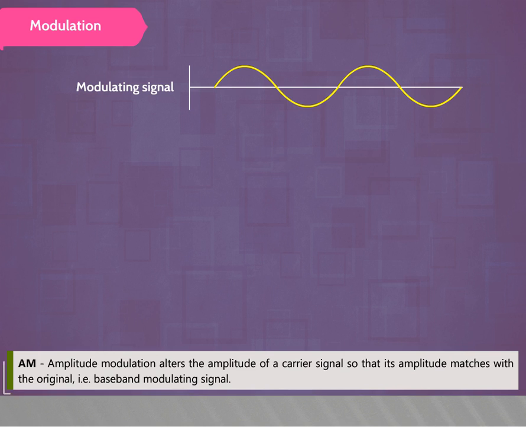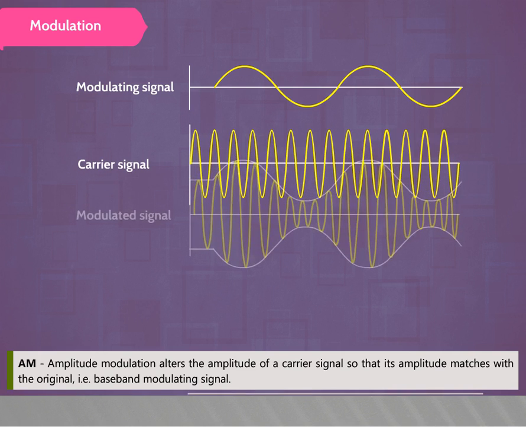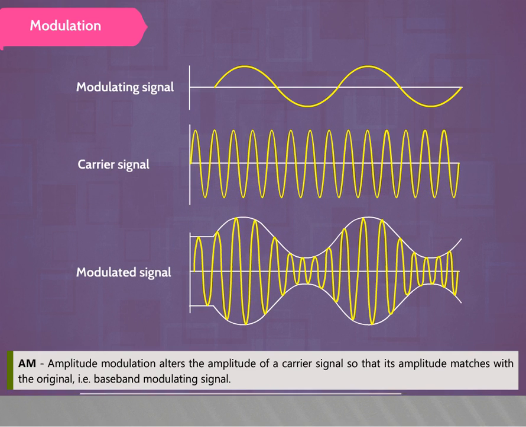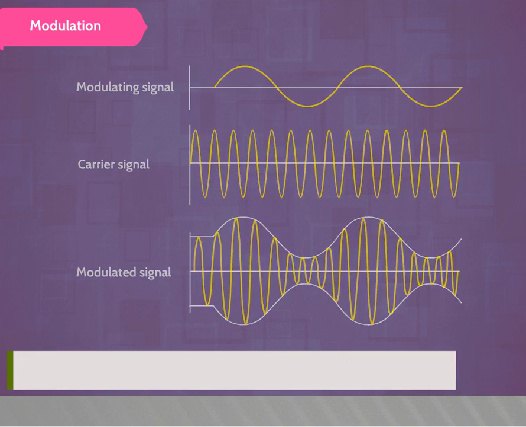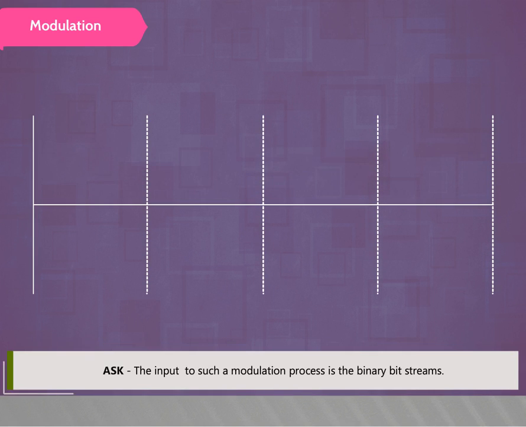AM. Amplitude modulation alters the amplitude of a carrier signal so that its amplitude matches with the original, that is, baseband modulating signal. ASK. The input to such a modulation process is the binary bit streams.